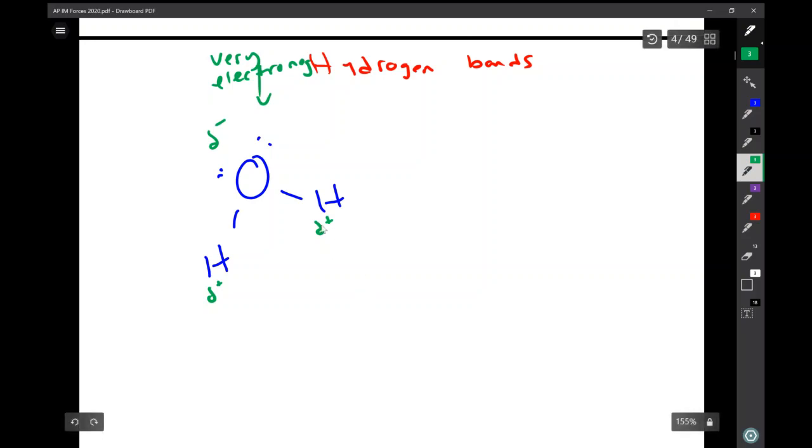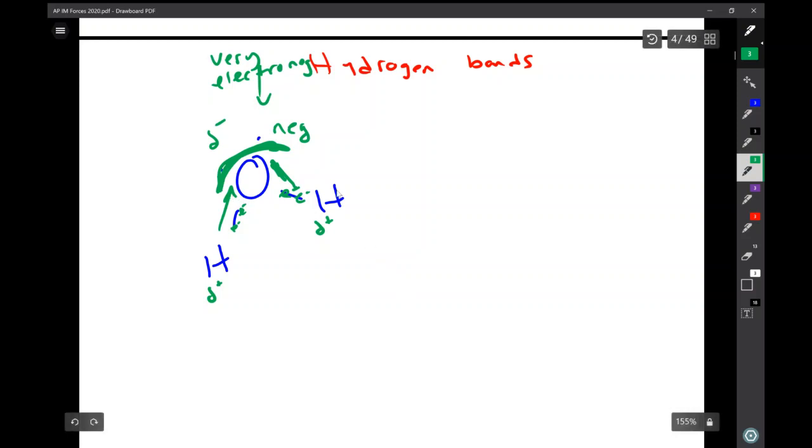Plus you have these electrons here, which really strengthens that negative charge. These shared electrons are getting pulled towards oxygen quite a bit because of the high electronegativity of oxygen. So that negative side here is really, really strong.